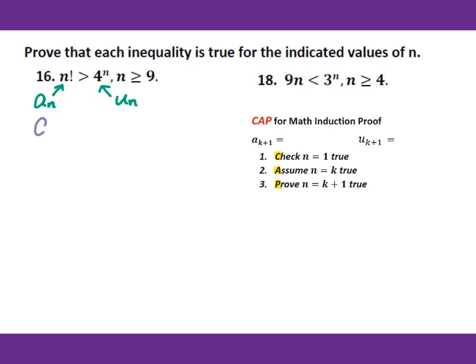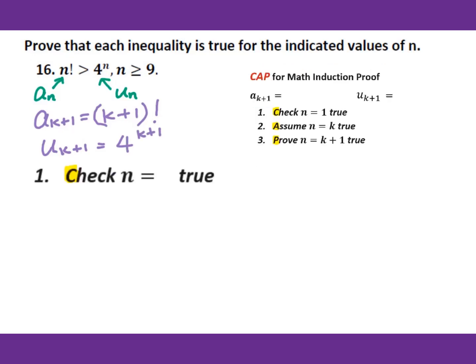First of all, we will work out a sub k plus 1. That is k plus 1 factorial. And u sub k plus 1, that is 4 to the k plus 1's power.